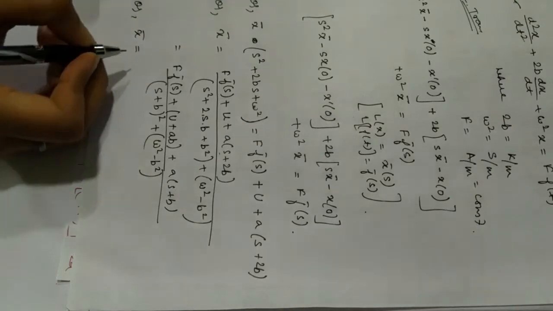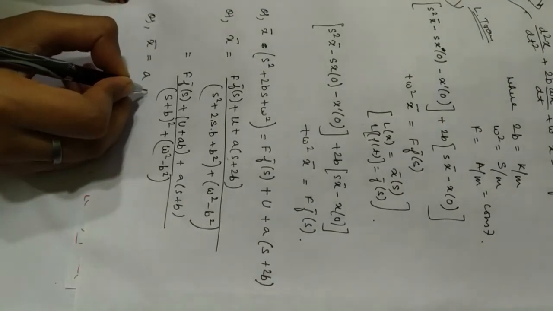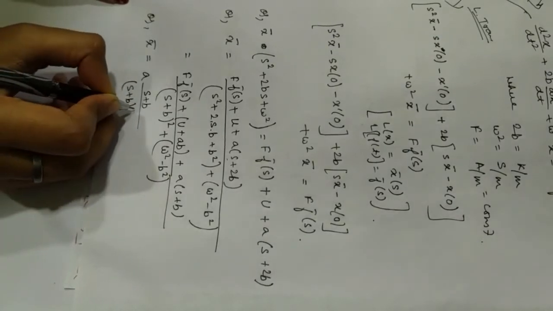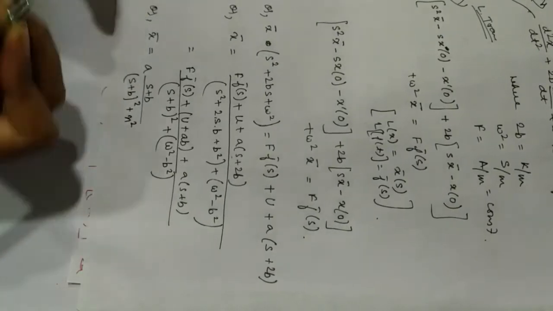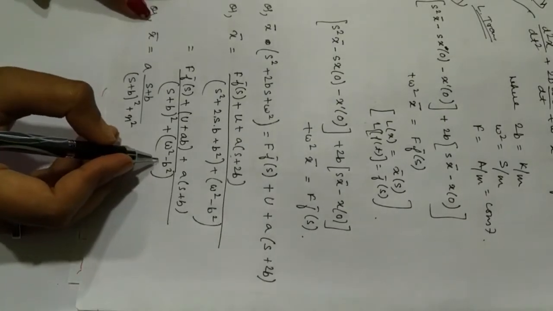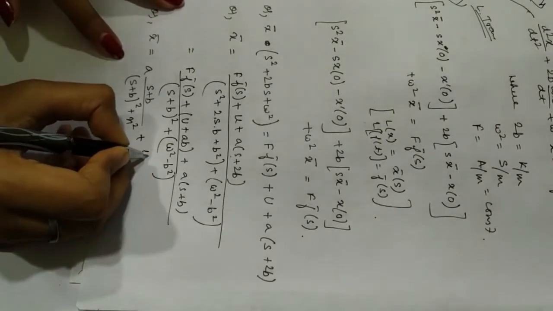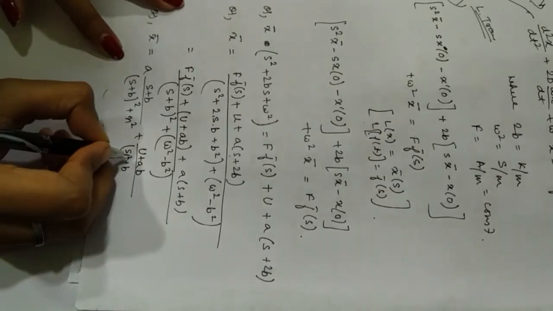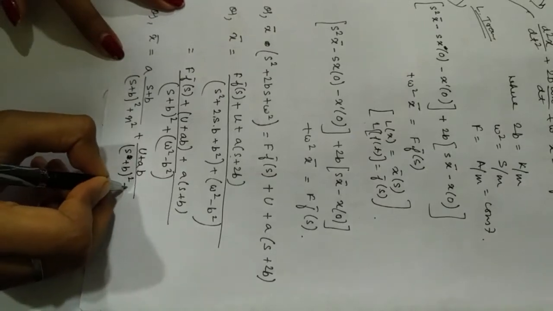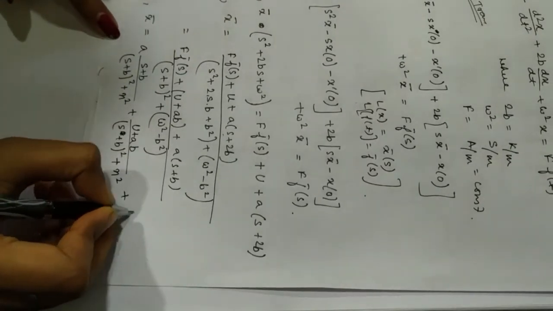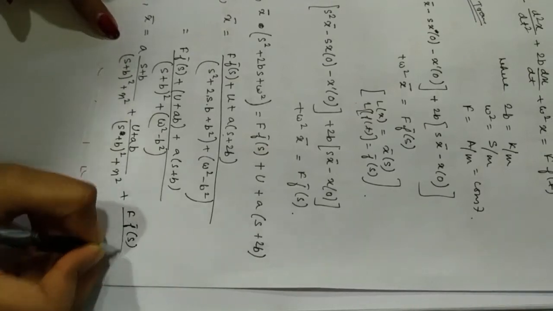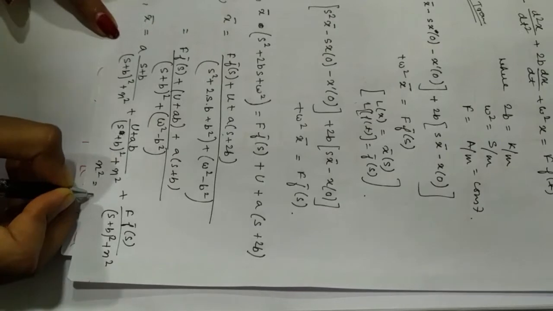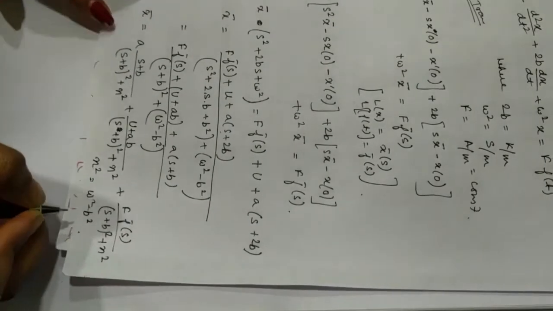So x bar is equal to a s plus b divided by s plus b. Now we are just dividing it into separate terms, n square, where n square is nothing but omega square minus b square, plus u plus ab divided by s plus b whole square plus n square, plus f bar s divided by s plus b whole square plus n square, where n square is equal to omega square minus b square, right?